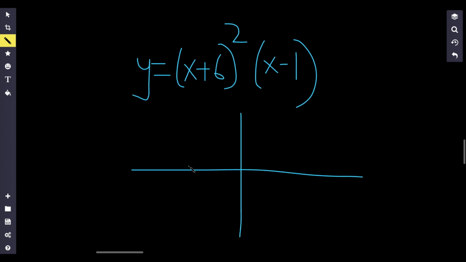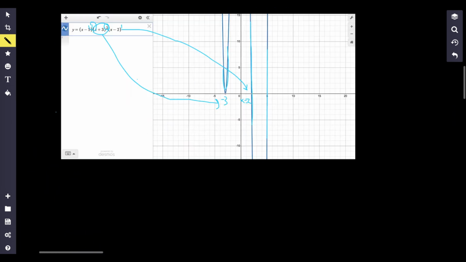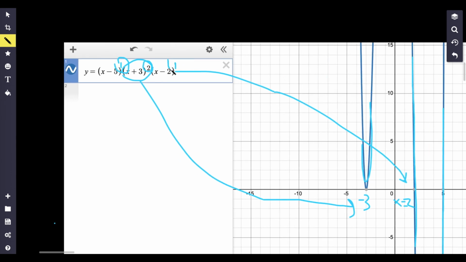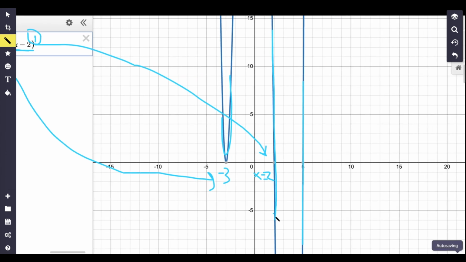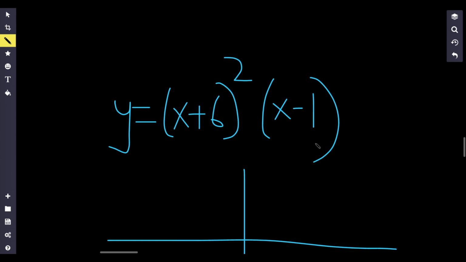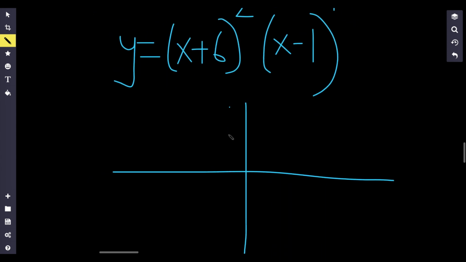Remember what we learned in the beginning: when the exponent is even, the function is not going to cross the x-axis. When the exponent is odd, it's going to cross the x-axis. So when the function is in factored form, you can get a really good sketch of how it looks.